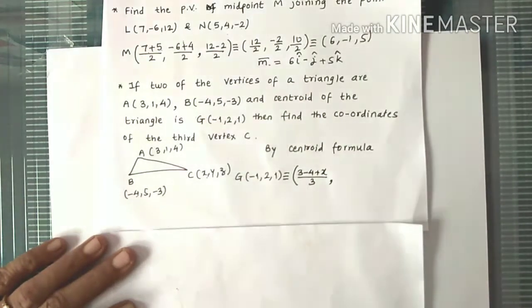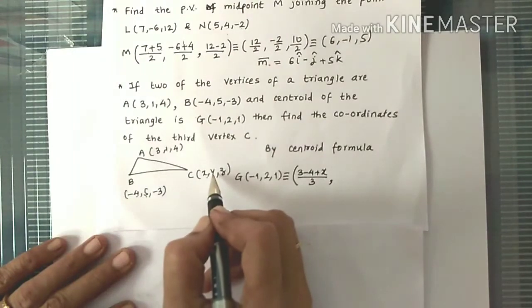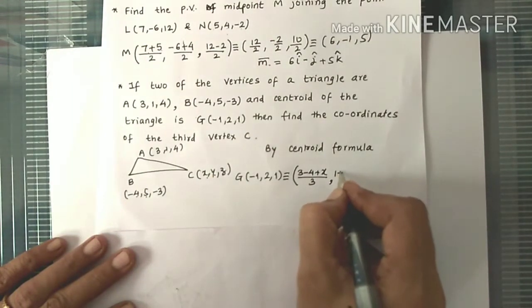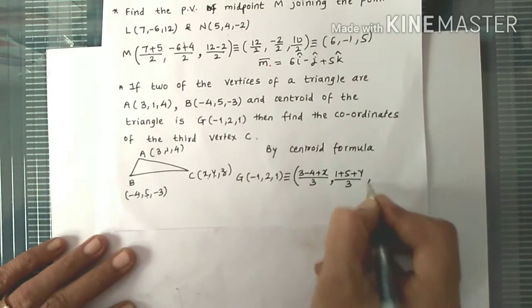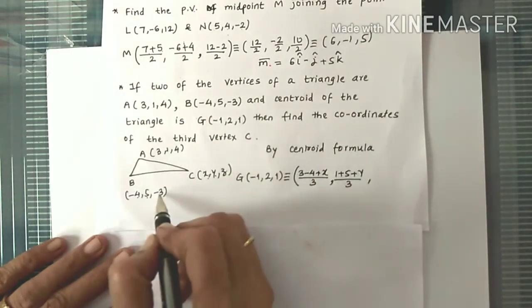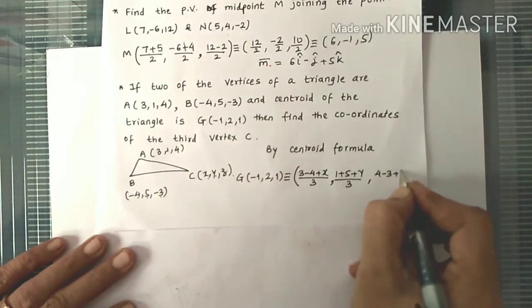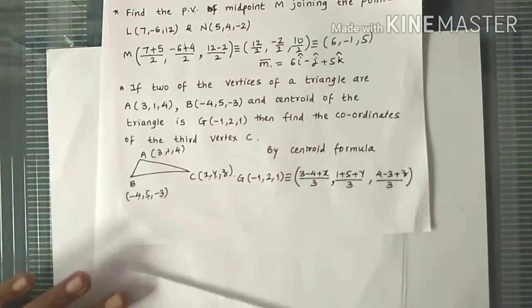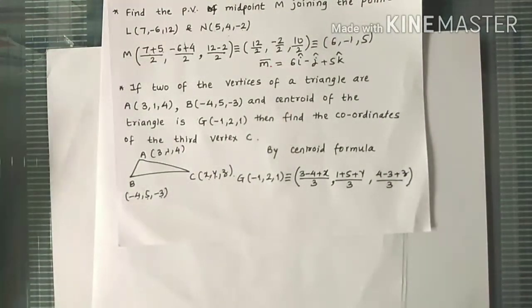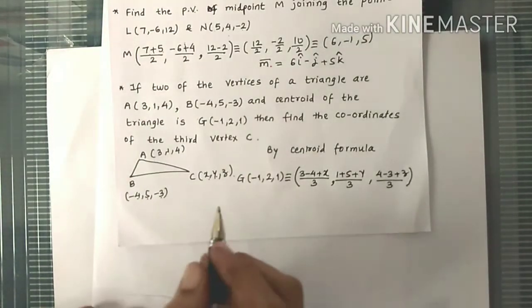Now adding the y coordinates and dividing by 3, we have 1 plus 5 plus y, divided by 3. And the z coordinate is 4 minus 3 plus z, upon 3. So now we have the centroid (-1, 2, 1), and using the vertices we have this equality.